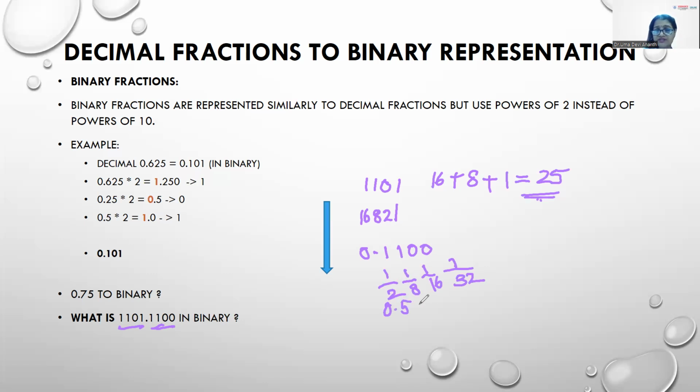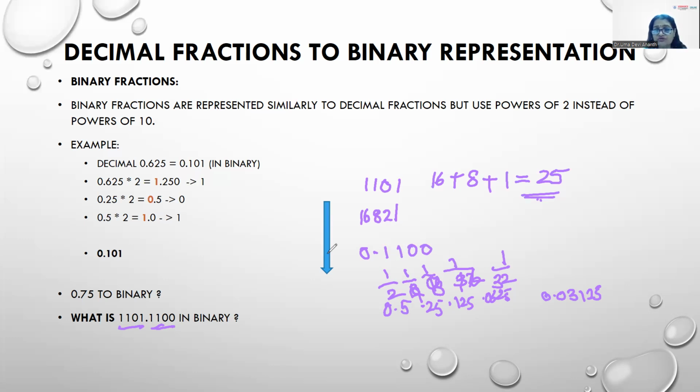1 by 4, 1 by 8, 1 by 16, and 1 by 32, and so on. So 0.5, 0.25, 0.125, 0.0625, 0.03125. Like this, it will go on. Over here, we have 1 only for the first two places after the decimal point.